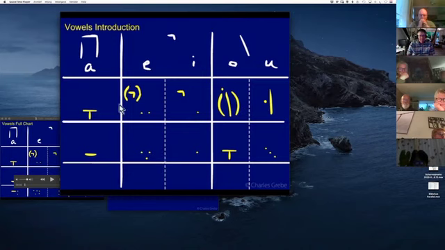So we have long tone, we have short tone, and we have some other vowels called half vowels or reduced vowels, and that's why I left a little bit of space here. The most reduced of all vowels is the shva, and I'm going to put it here. It doesn't really belong in the I vowel particularly.